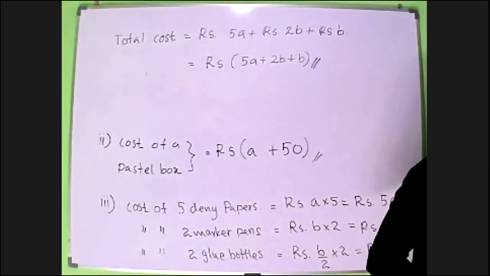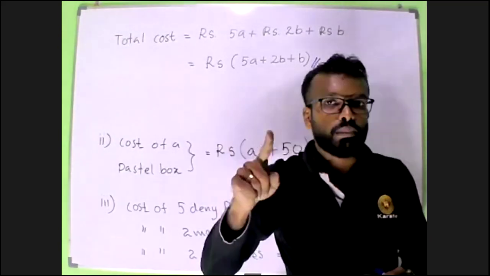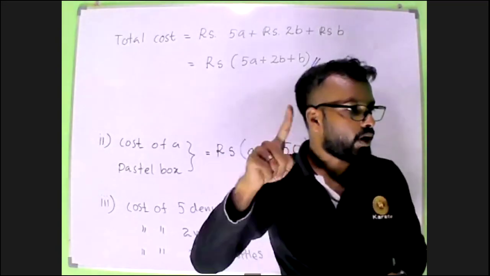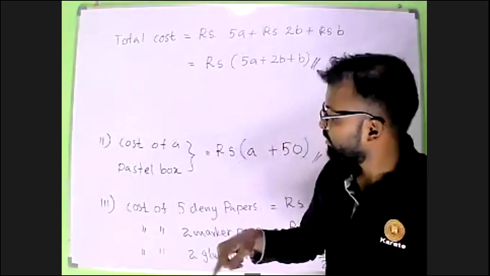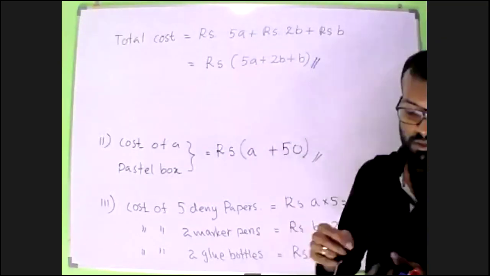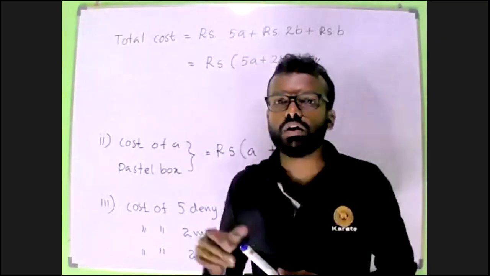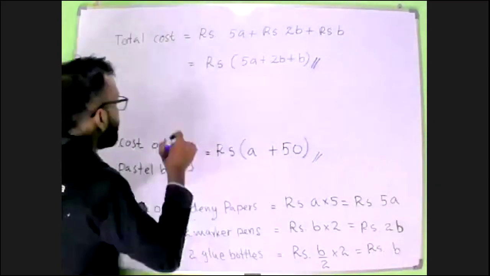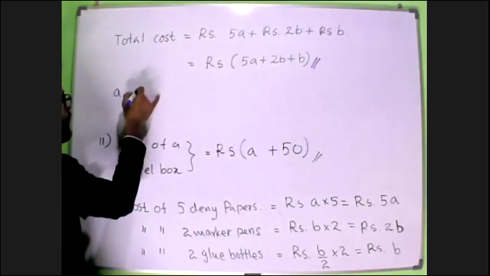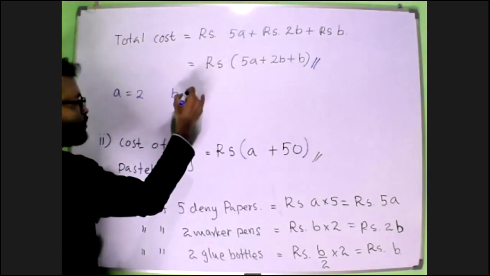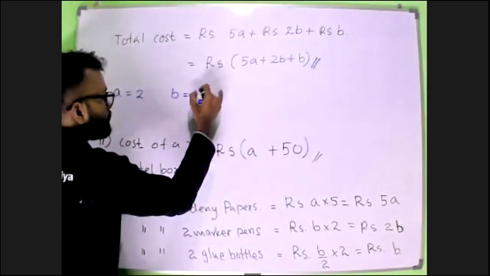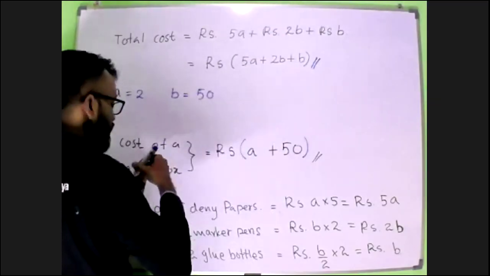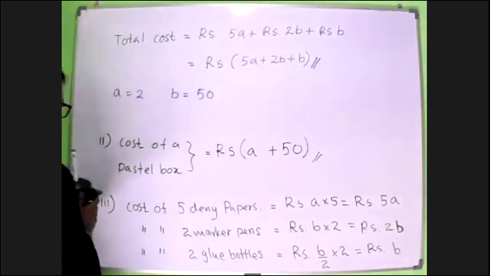If A equals 2, B equals 50, find the value of this expression. So what values do we need to substitute? A equals 2, B equals 50.